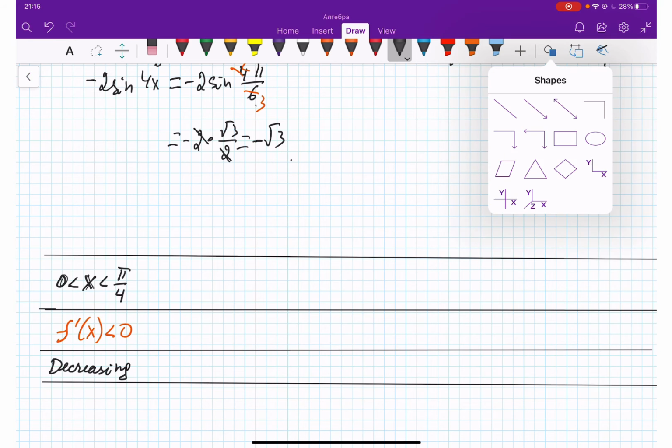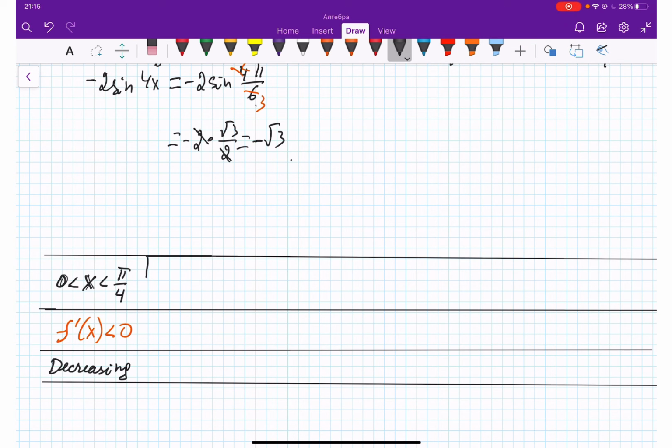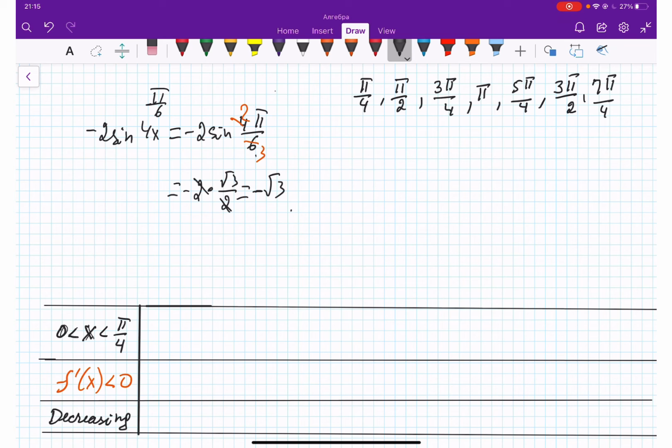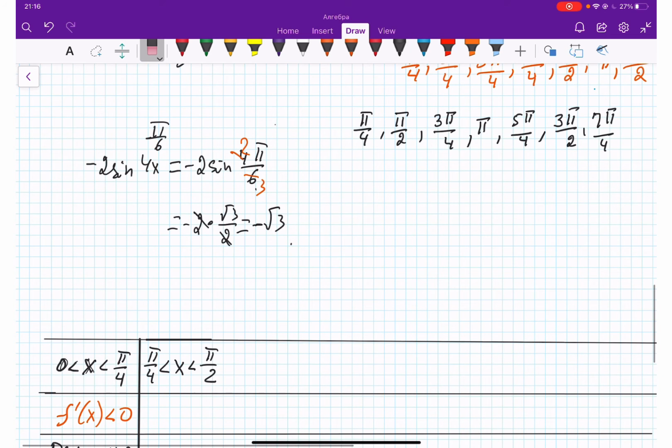All right. Next one. So what is our next interval? x is greater than pi over 4 and less than pi over 2. Let's take pi over 3, 60 degrees.